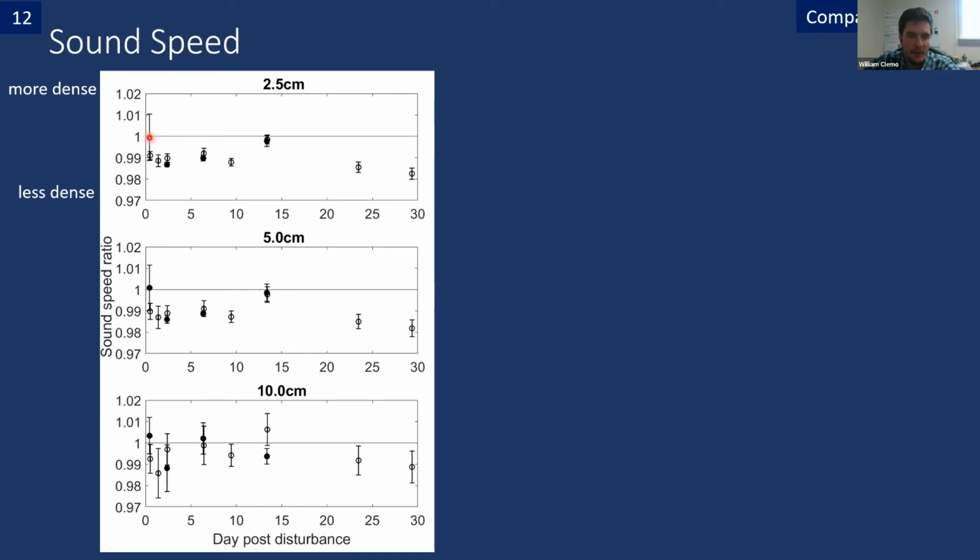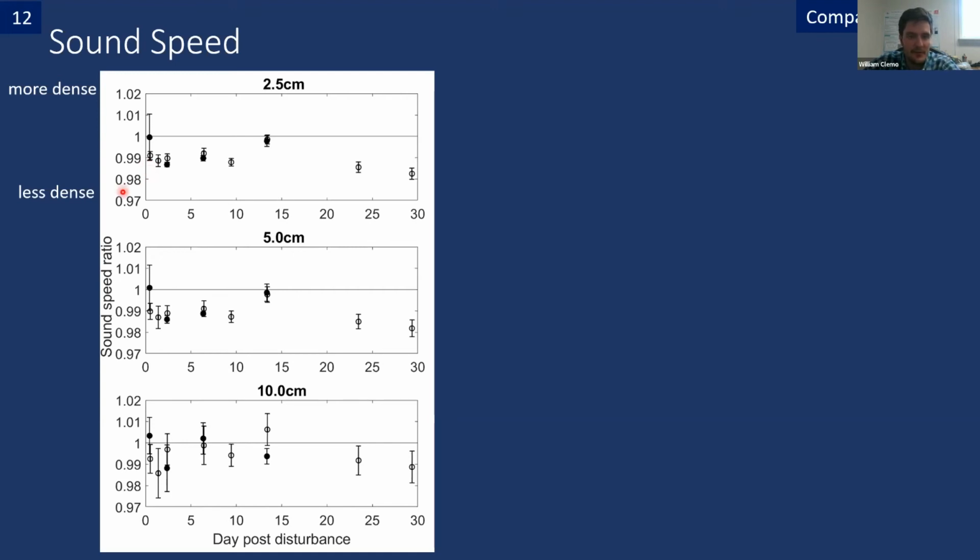If we look at the day 1 sound speed ratio points, we can see that they're pretty variable and they tend to appear to be higher than the day 30 scans at the same time, given that the rapid elevation change over the first day happened and that the day 30 cores were actually scanned several hours after the day 1 scans. The day 30 cores may have compacted quite a bit by the time they were scanned.